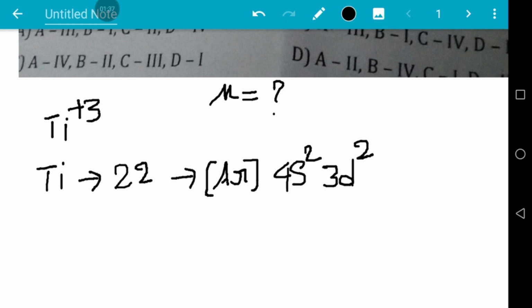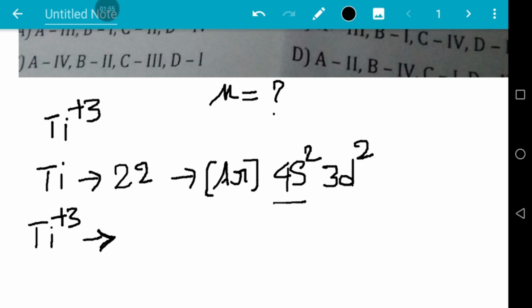Now what ion did they give? Titanium plus 3. Titanium plus 3 means titanium has lost 3 electrons. In the last shell, the fourth shell, there are 2 electrons, and in the 3d shell also 2 electrons are there.